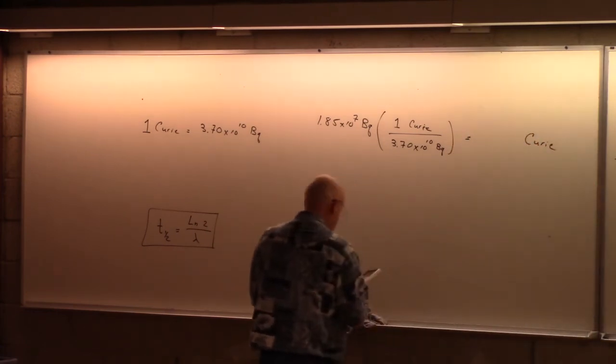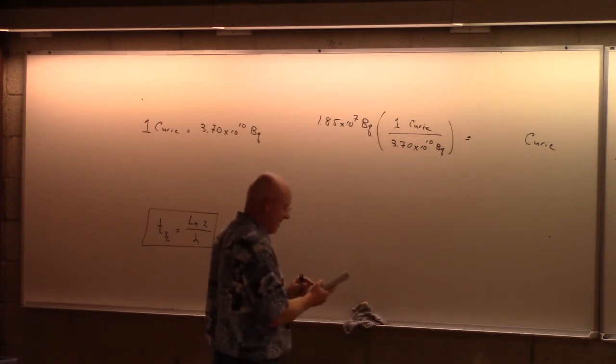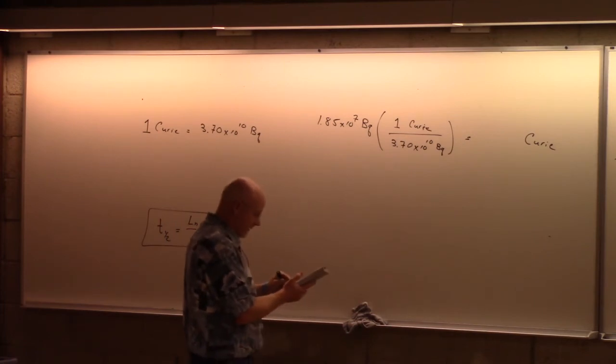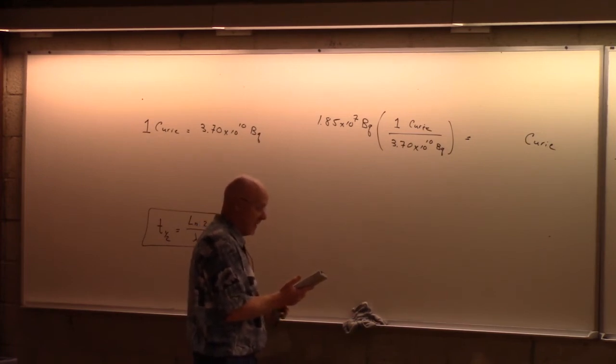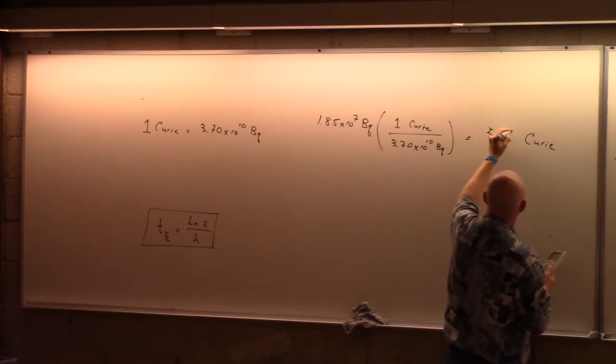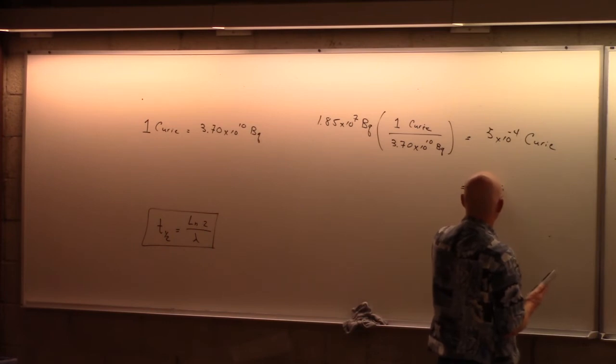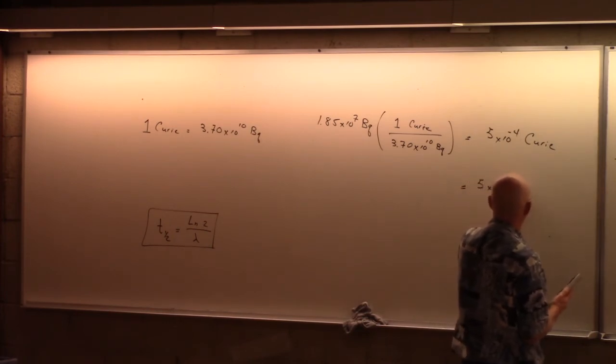So 1.85 times 10 to the 7th divided by 3.7 times 10 to the 10th gives me 5 times 10 to the minus 4 Curies, which I'm going to write in 2 pieces.